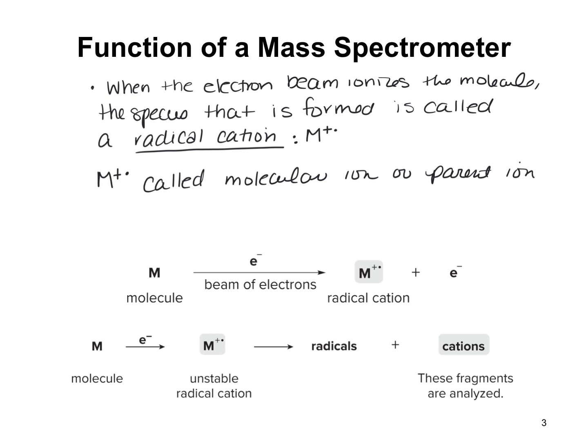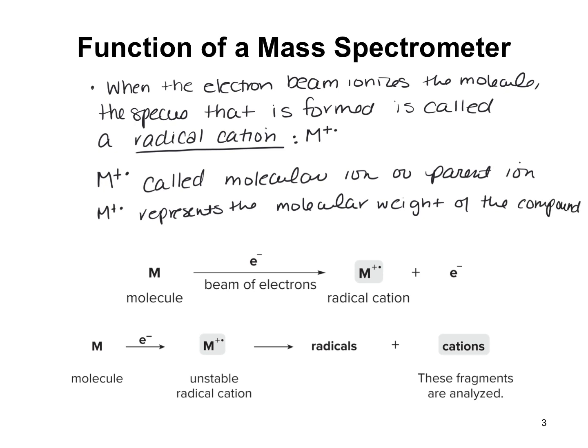What this tells us about the compound is that it represents the molecular weight of the compound. So this is a really nice way for us to determine the molecular weight of an unknown compound.